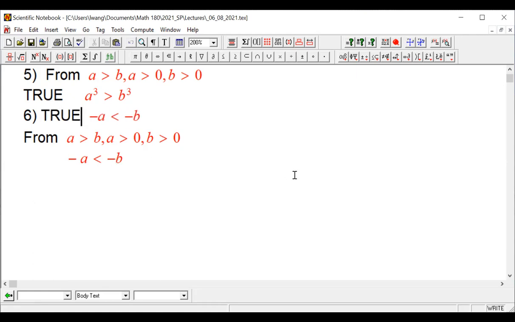You see, all of these are one-step derivations, and we should be able to derive them. Okay, so let's look at the second section, the second table in quiz number 2.